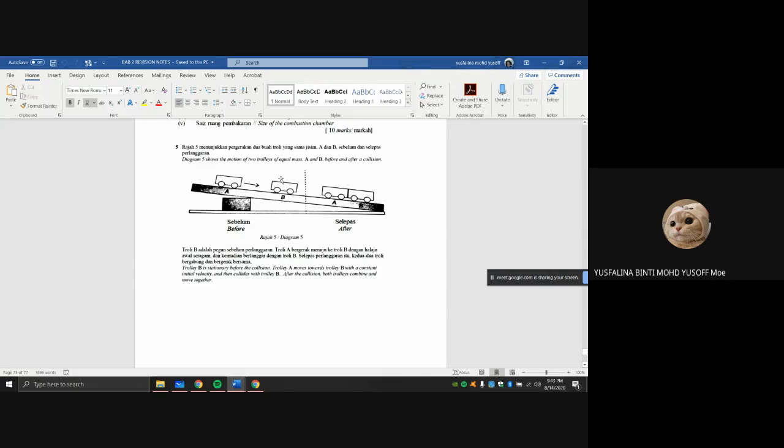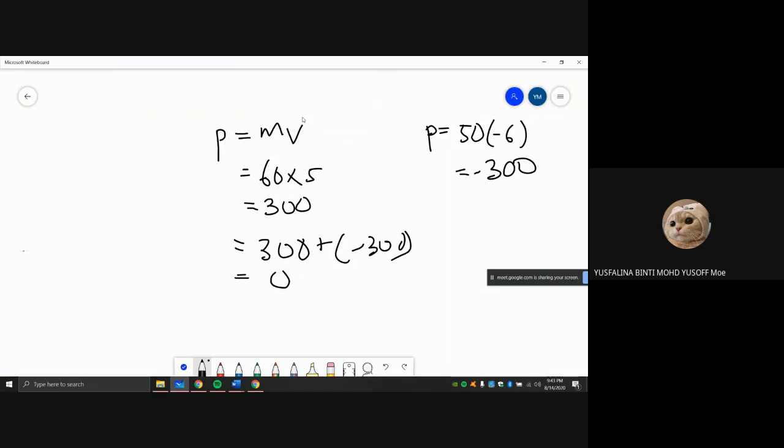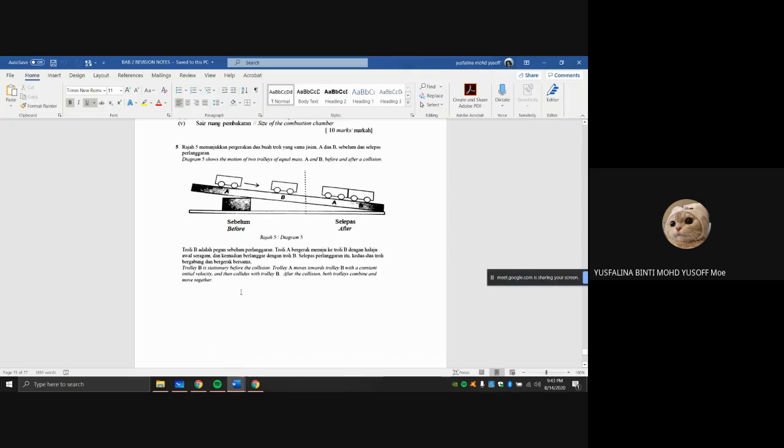The formula is p equals mv, so when the velocity is 0, the momentum is also 0. So here trolley A has a higher momentum, because B is not moving, v is 0, and the momentum is 0 for B.